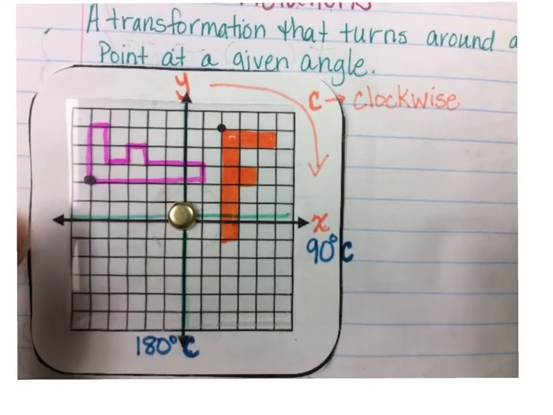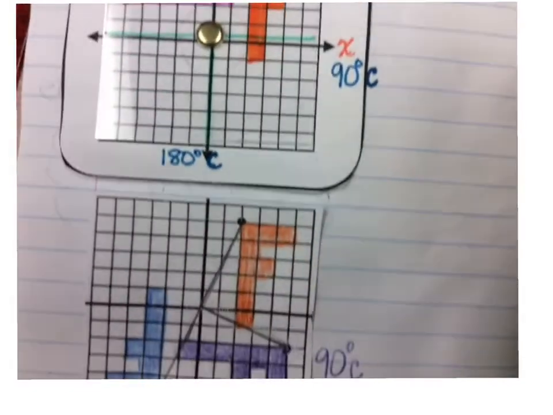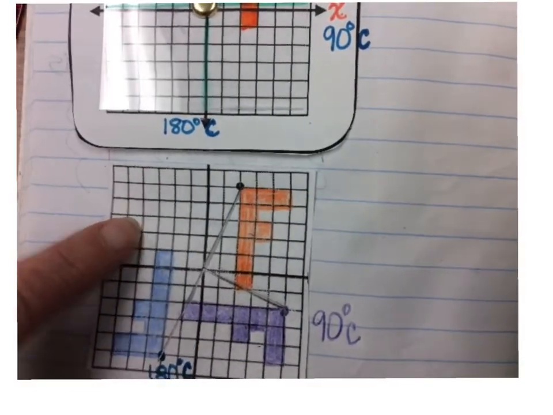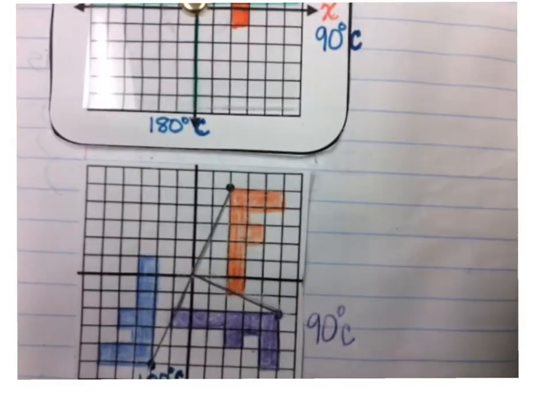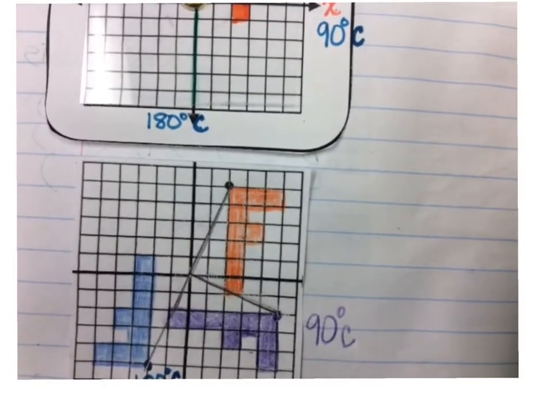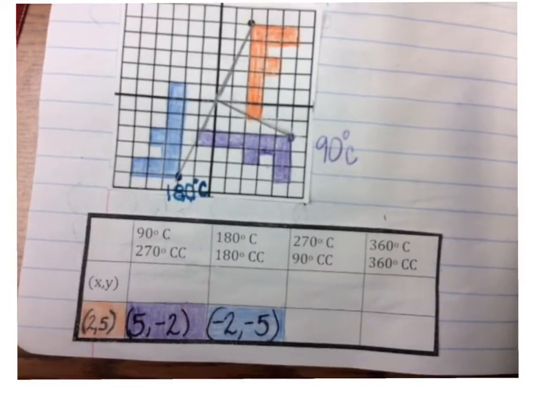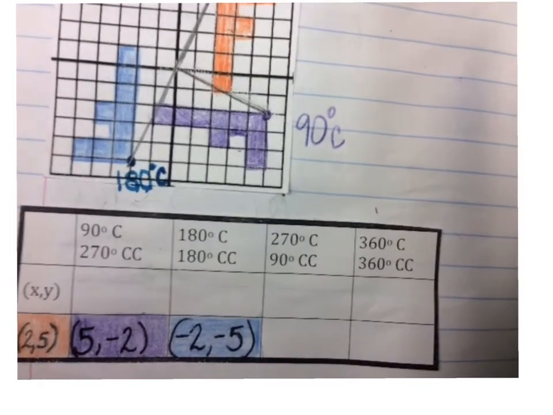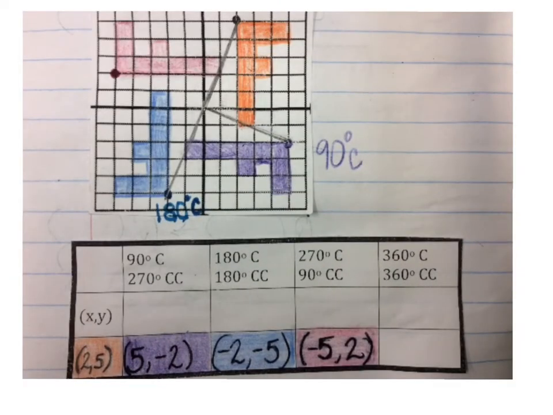You're going to put that point in your graph below and record your point in the table below. Okay, I want you to notice that I have my F at 270 shaded in on the graph below, and I also have in my table -5, 2 written down.